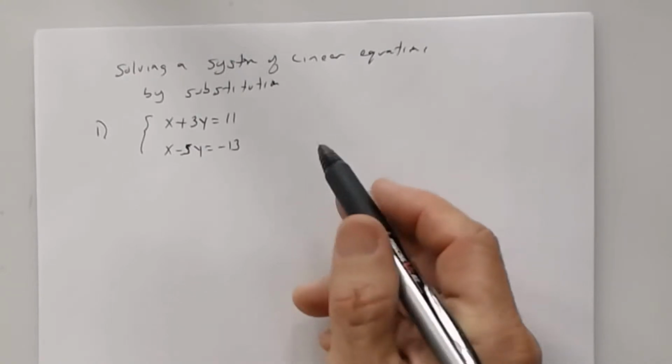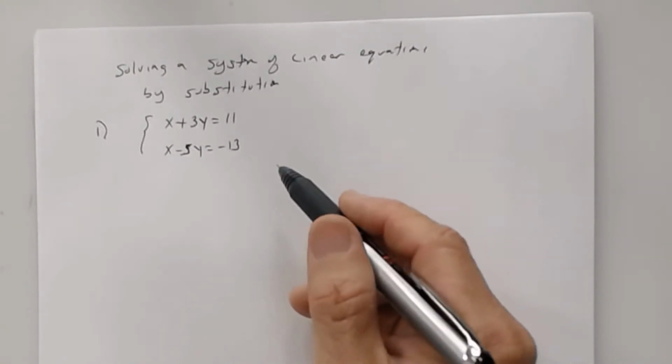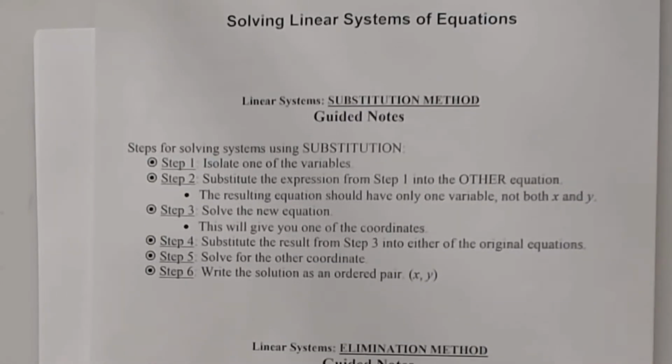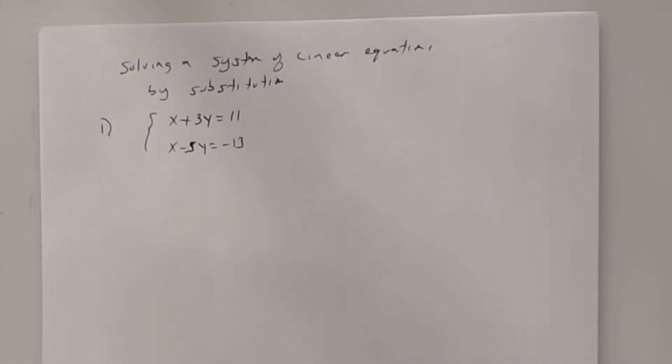So one way to find the solution is to use substitution. All right, so the first step says this. Step 1, isolate one of the variables. Okay, now listen carefully. There are two equations. You pick one of them. Pick the one that's easy to deal with.